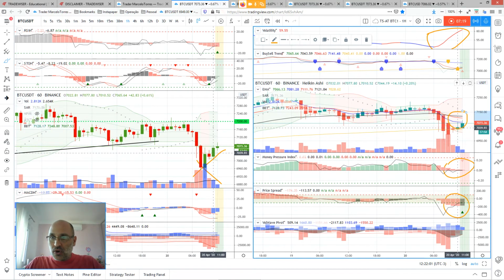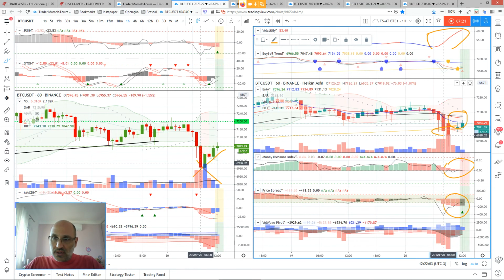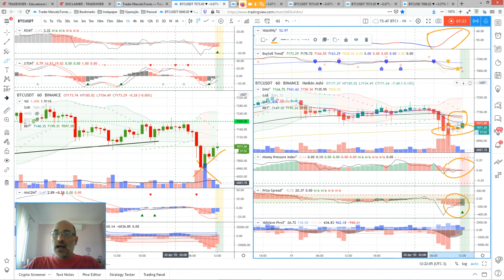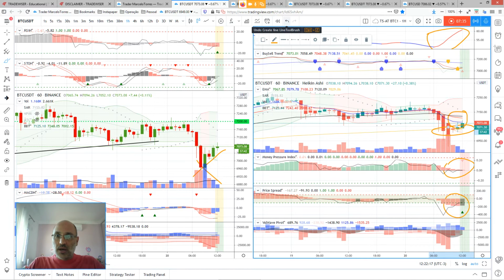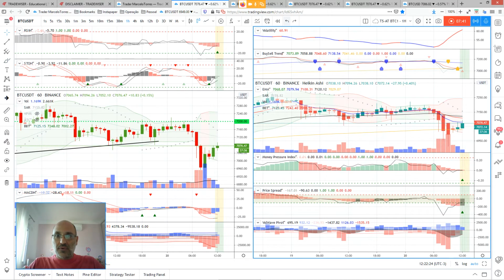But notice that the yellow exponential moving average is the one who supported the prices, did not let the prices go way down. That is something good, but we have to see the volume reacting. Otherwise, Houston, we will have a problem.